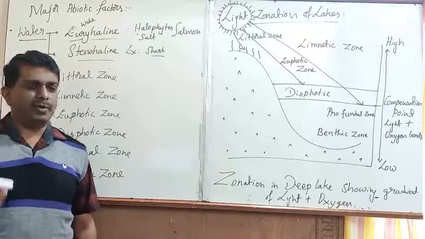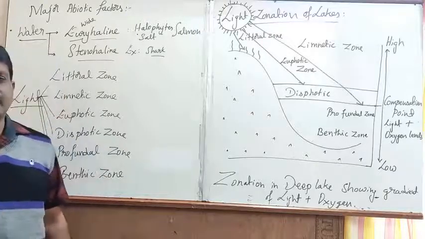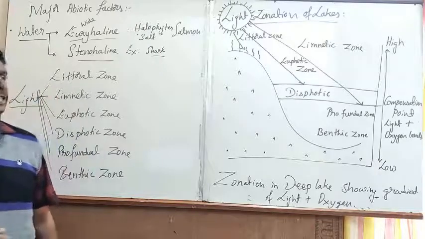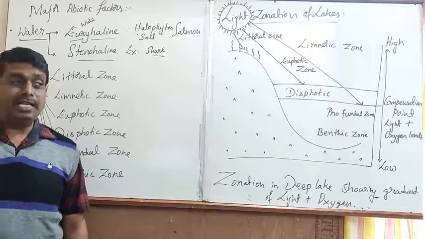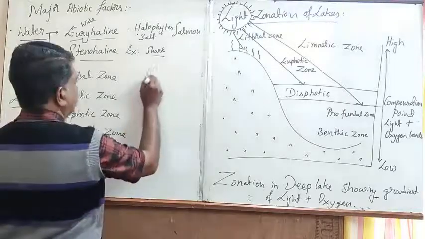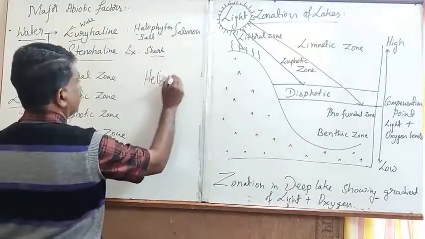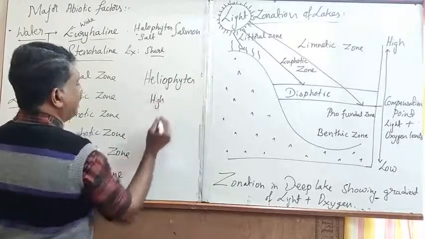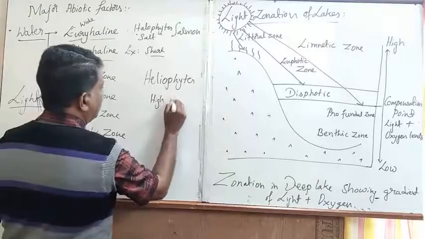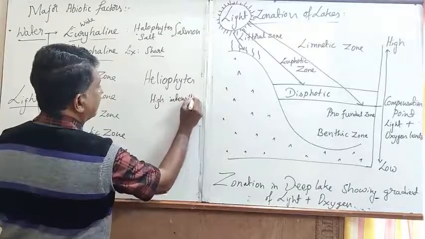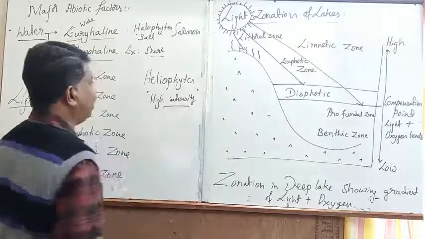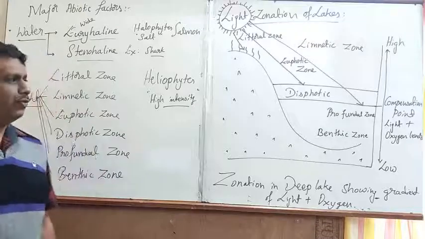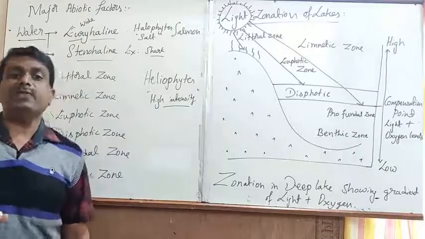Plants are divided into two important types, namely heliophytes and sciophytes. Heliophytes are called high intensity light loving plants. One of the classical examples of heliophytes is the sunflower.